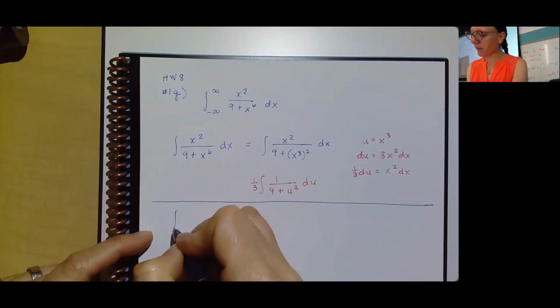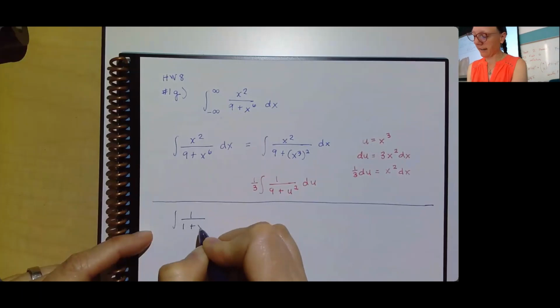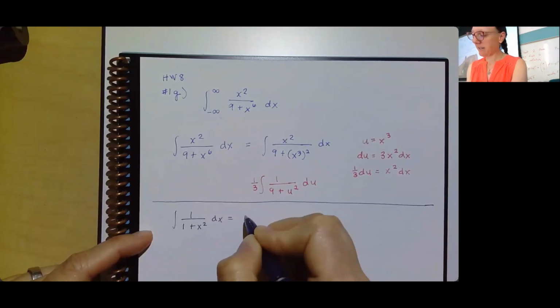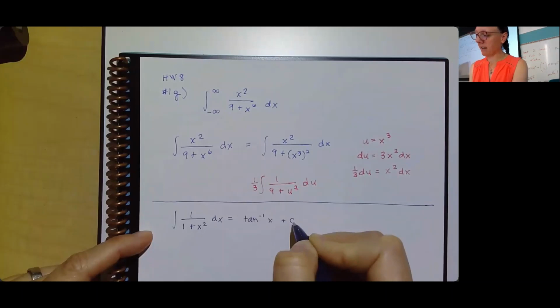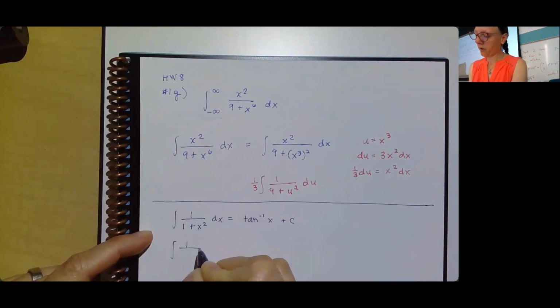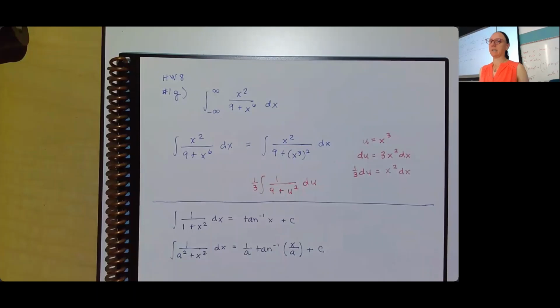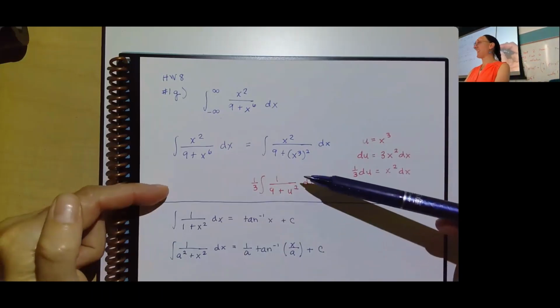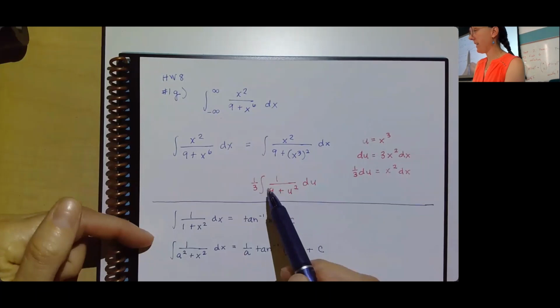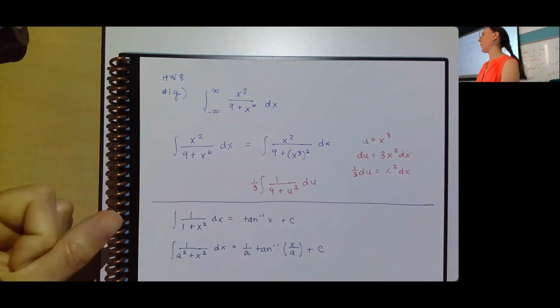Our book gives us that the integral of 1 over 1 plus x squared dx is tan inverse of x plus c, but 1 over a squared plus x squared dx is 1 over a tan inverse of x over a plus a constant. And it's that second version for arctan that really is showing up for us here, because that 9 I can think about as saying 3 squared.